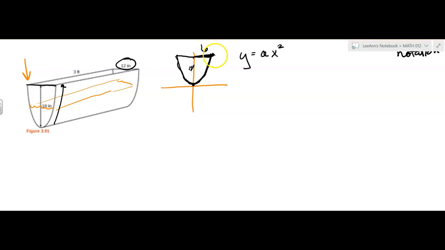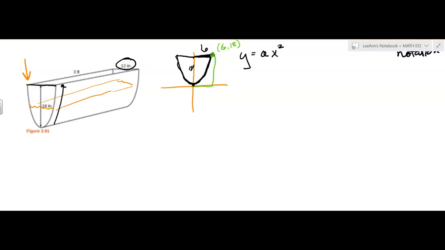And so that ordered pair right there is 6 comma 18. So you've got to think in terms of x and y, right? Okay, so we're going over 6 and up 18.